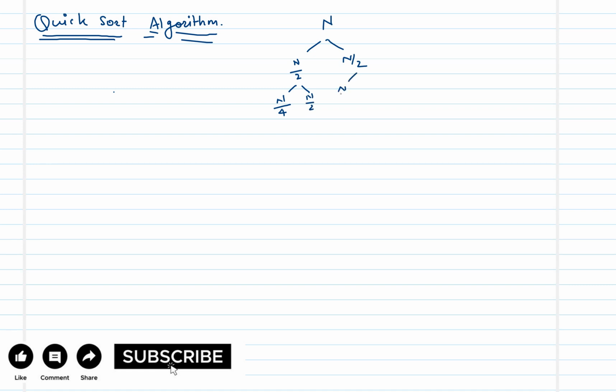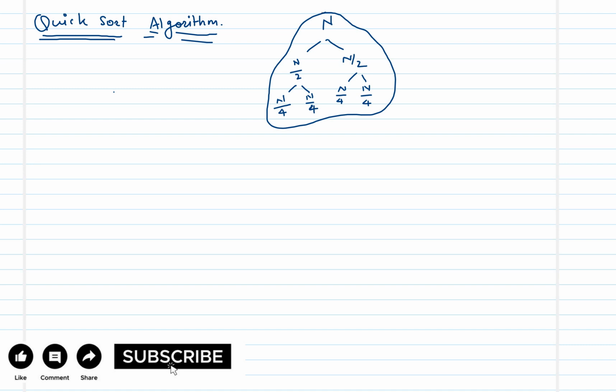Each of those was again divided into two arrays of size n by 4, and this process continues till we remain with arrays of size 2. This is the divide and conquer strategy behind merge sort.